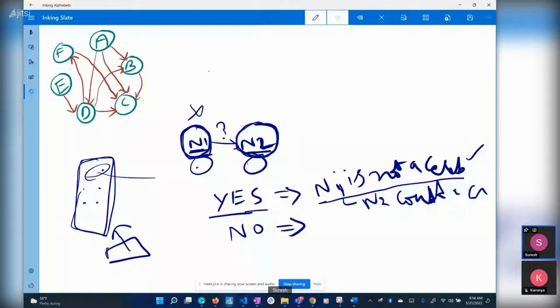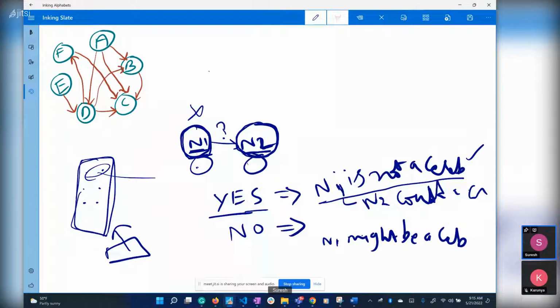How about no? If we get no, N1 doesn't know N2. What does it mean? For sure we know one piece of information: N1 might be a celebrity.